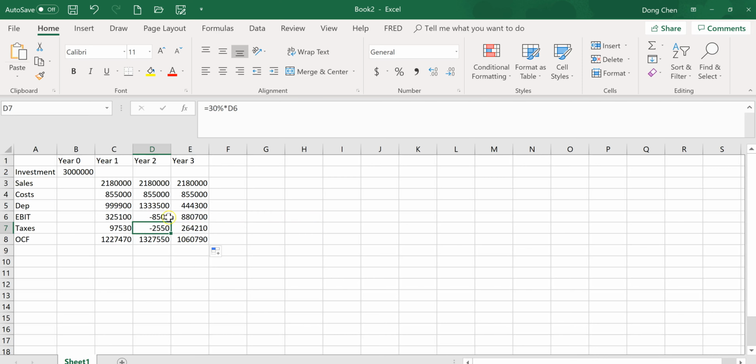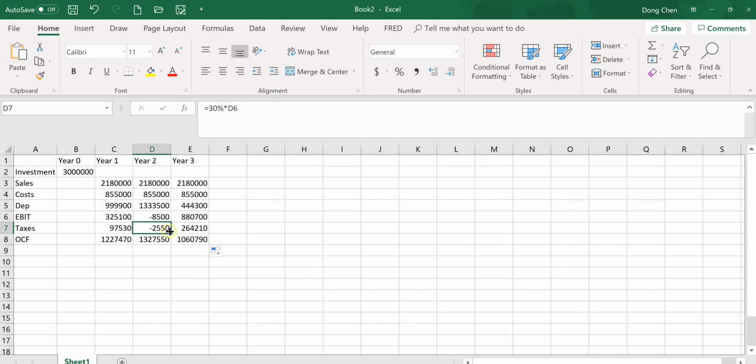So even though here EBIT turns out to be negative, which means that for this project at year 2, the project turns out to be a loss rather than earning a profit for the firm.